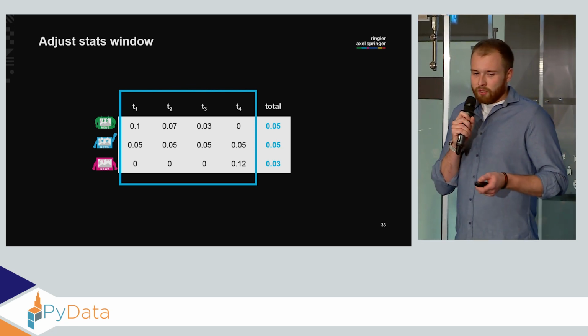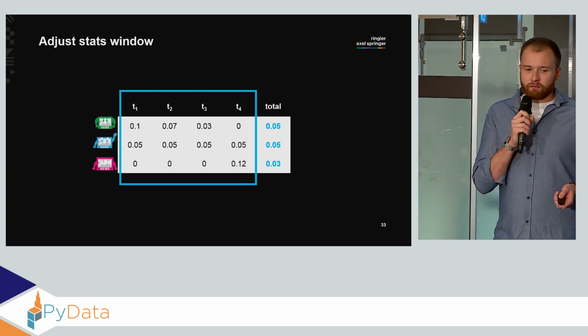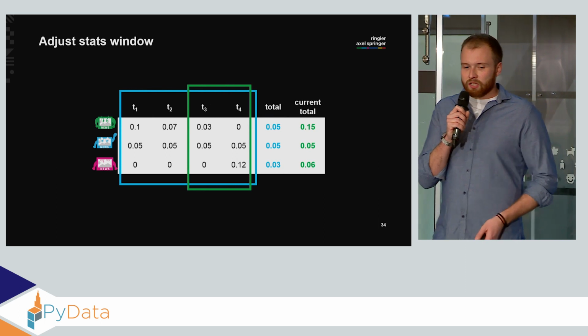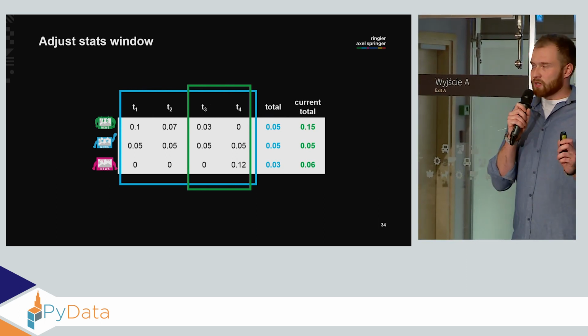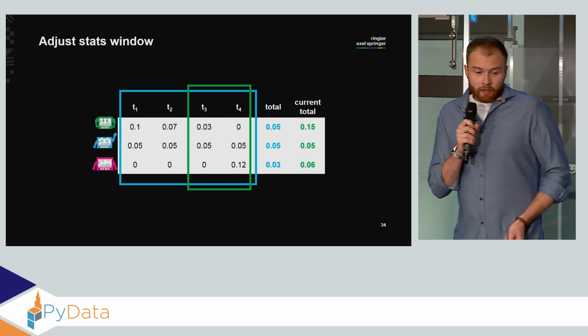So to catch the changing trends in article popularity, we can just use only a piece of stats which are most actual.